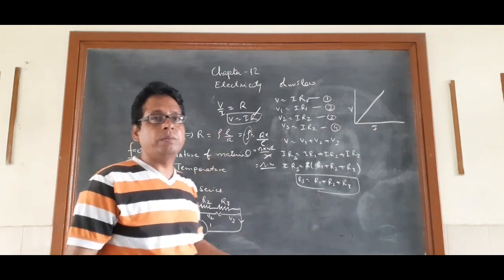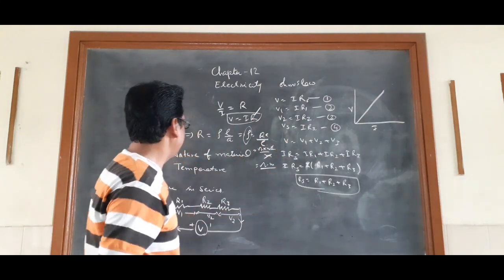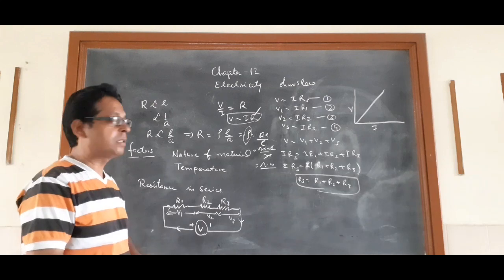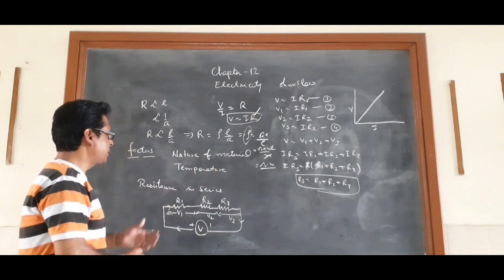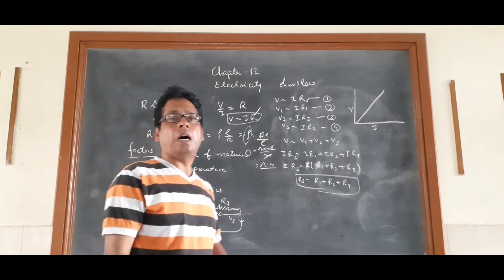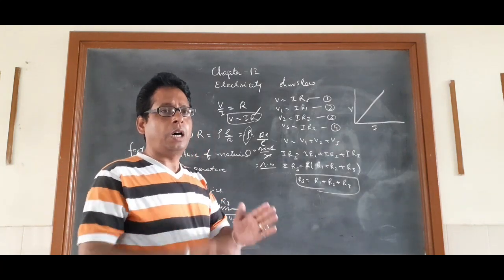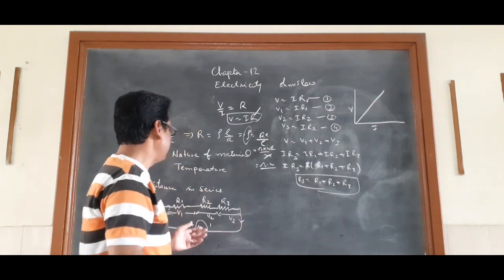Aluminium and copper are also conductors, but silver is the best conductor. Now, how are resistances to be connected, or how can a combination of resistances be made?